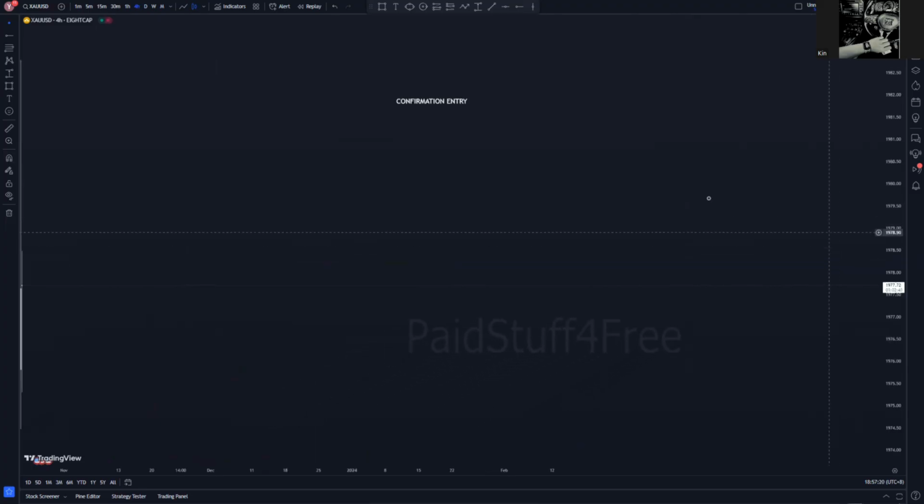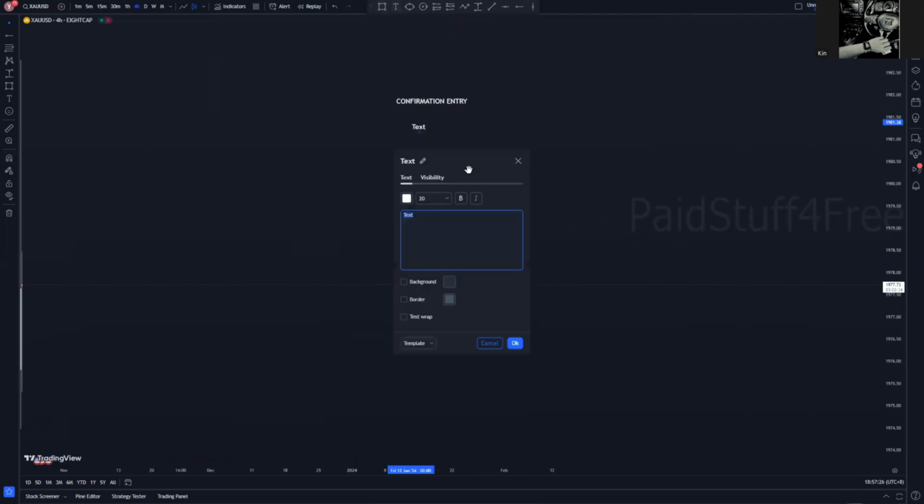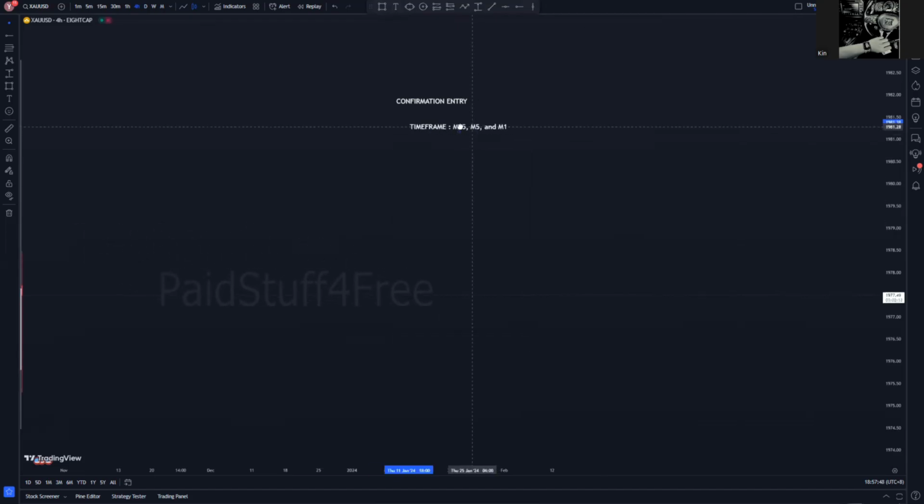Talking about the confirmation entry, the time frames that we're going to work with inside of this topic are going to be M15, M5, and M1.